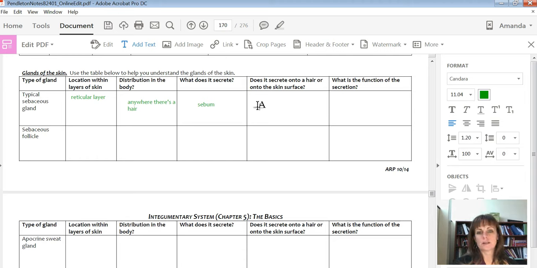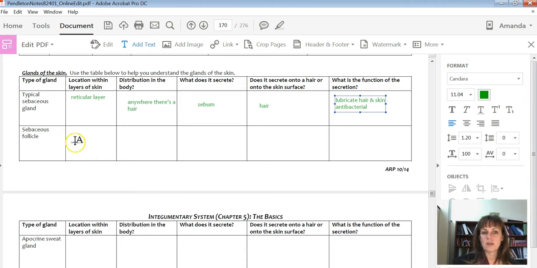Does it secrete onto the hair or the skin surface? Well, the hair. And the purpose of this secretion is to lubricate the hair and the skin, and it also has an antibacterial component to it, so it can actually fight bacteria that might be on the surface of our skin that could be trying to get deeper into our skin.